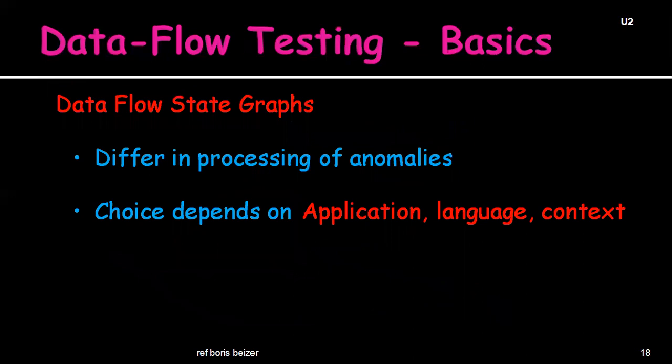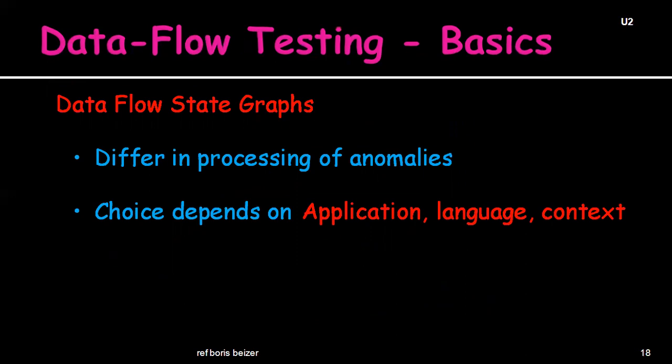Okay, fine. So here the data flow state graphs differ in the processing of anomalies. And the choice depends on the application we are using, the language and the context.